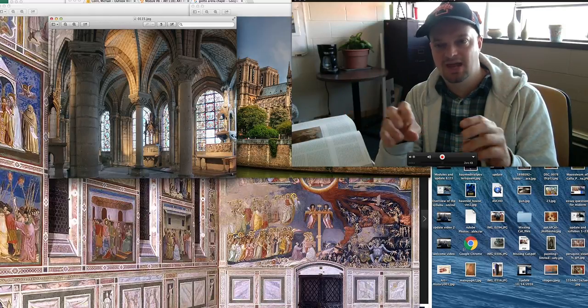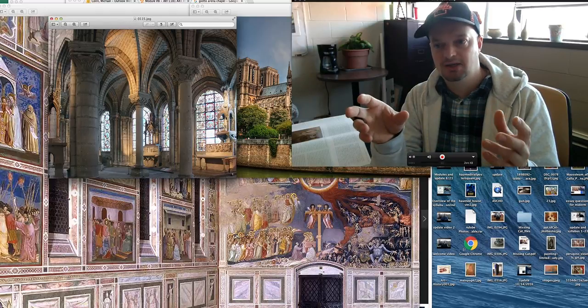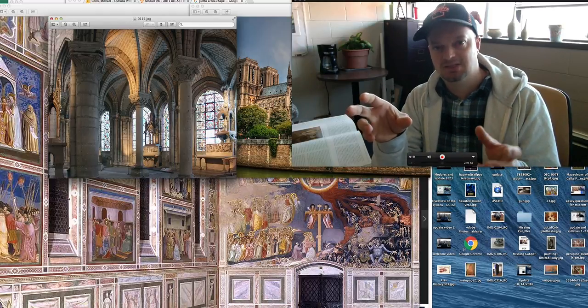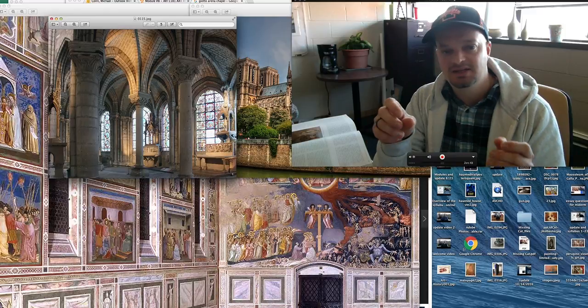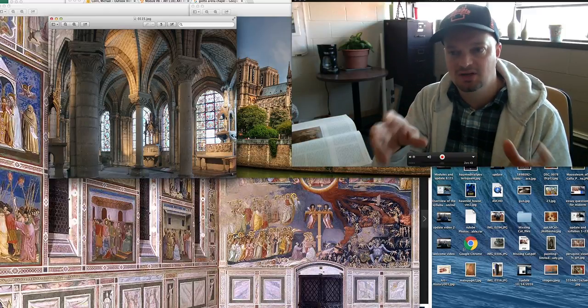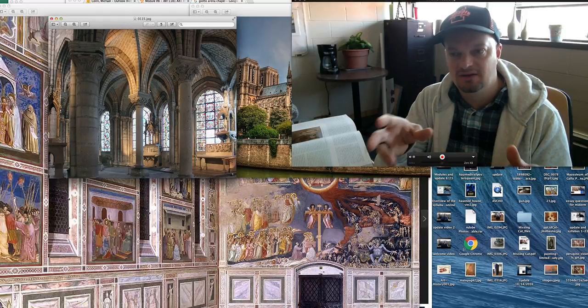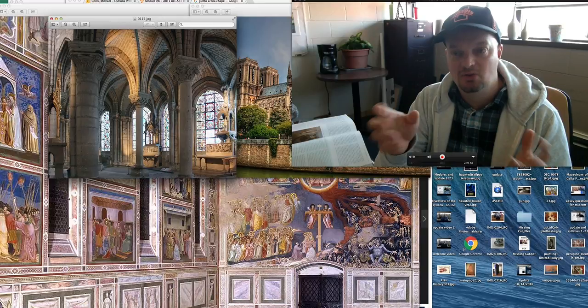So they have that mural quality that's similar to the mosaics that we saw in the 3rd, 4th, and 5th century. You're trying to communicate ideas from sacred texts. You have a lot of iconography and stories from the Bible.